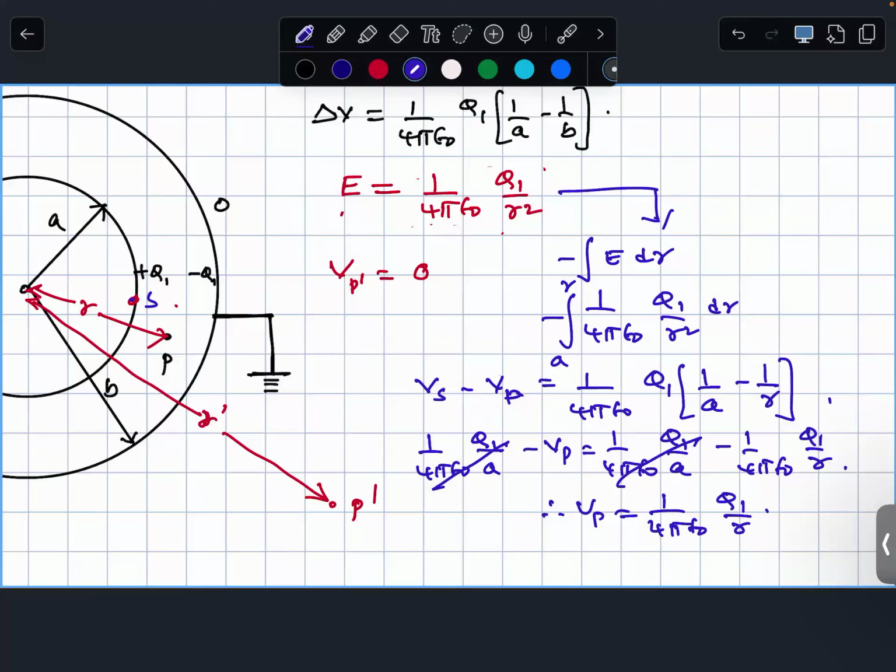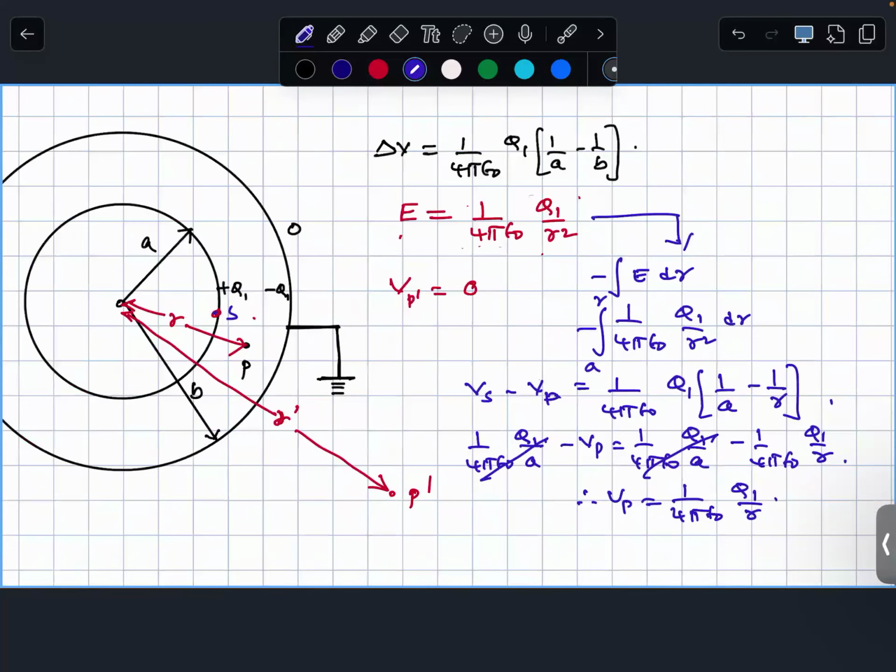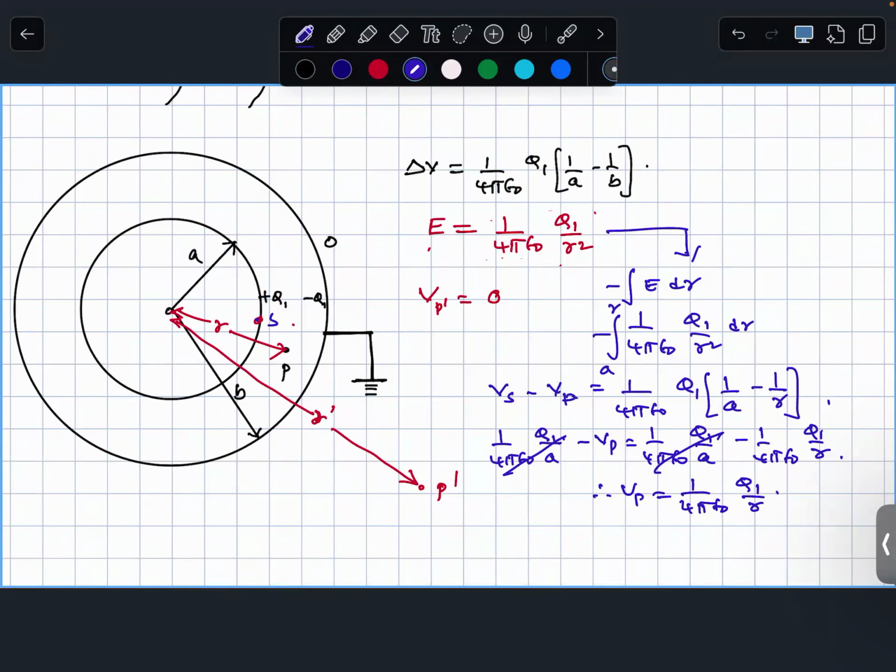Sure. Don't get confused between potential and potential difference.